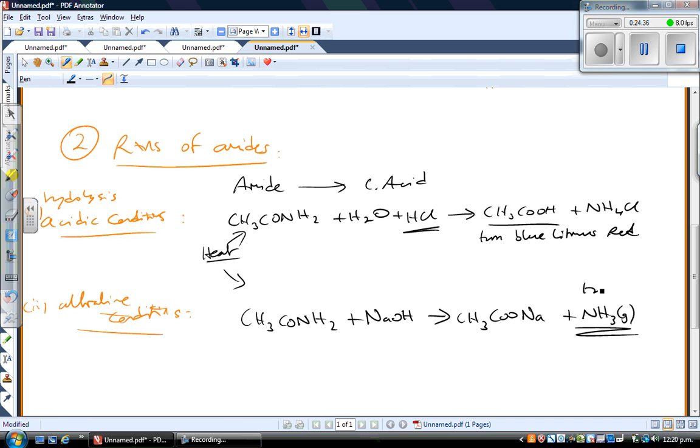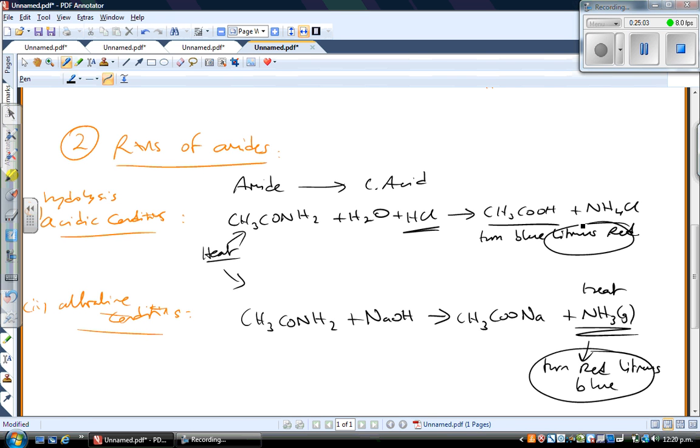We found that we had to really heat it to get this smell, the characteristic smell of ammonia, and that would also turn red litmus blue. You were using universal indicator solution, and we had a nice blue color for your alkaline condition, and a nice red color for your acidic condition. So that was quite a nice little demonstration of acid and base hydrolysis of amides.